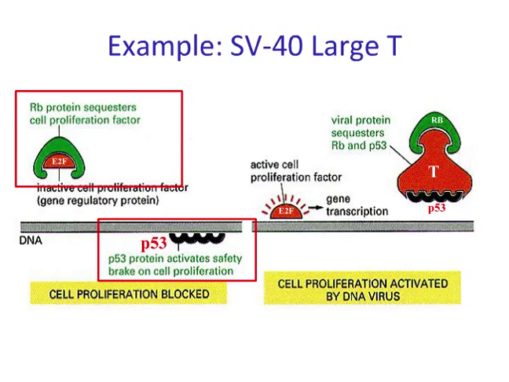Retinoblastoma normally binds to and sequesters essential transcription factors called E2F that are necessary for the S phase of the cell cycle, while the function of p53 is to halt the cell cycle when conditions aren't correct, such as the presence of damaged DNA. SV40 is a transforming DNA polyomavirus.